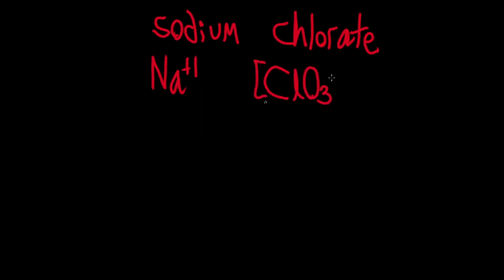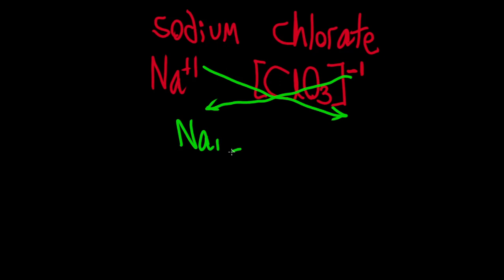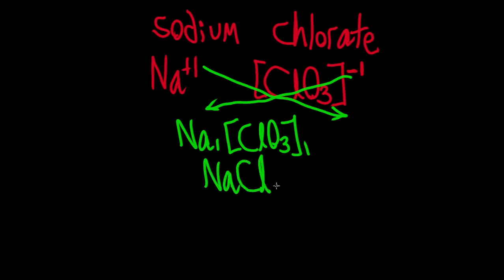I can put some brackets around that. And if I also look at my table, I see that it has a -1 charge all around that. Just like what I've done before, I'm going to do my crisscross method, and just like with the other polyatomic ions, I am just going to distribute that across the whole deal, and I can get rid of those brackets, and that is sodium chlorate.